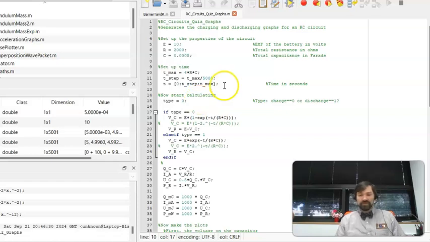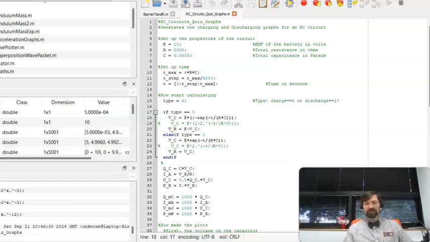Now I've written some code in GNU Octave to simulate the behavior of the RC circuit, as far as things like voltage and charge and current. Why Octave? When I wrote this code, I was working predominantly at Troy University.